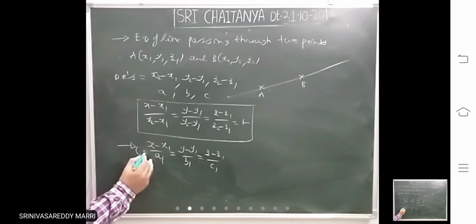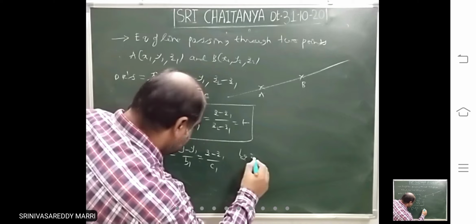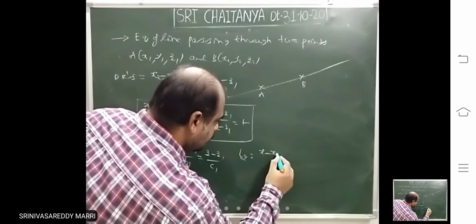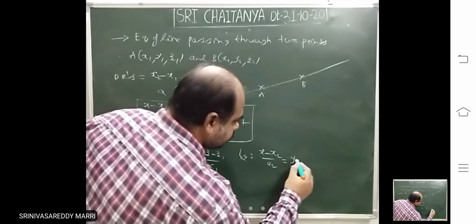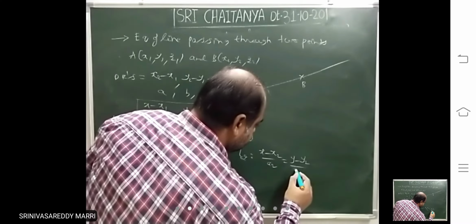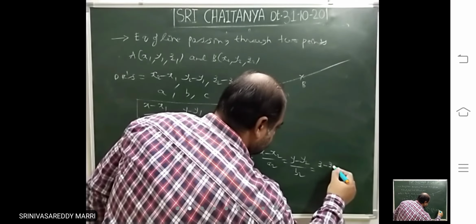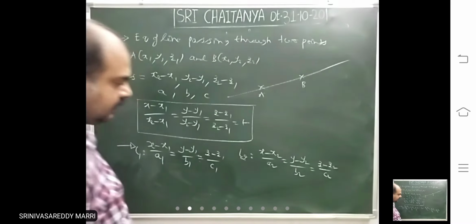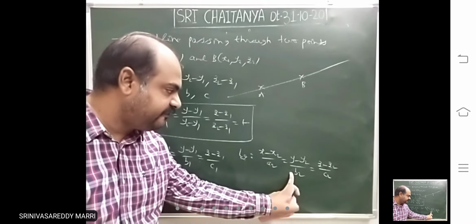This is line 1, L1. And this is line 2, L2. So this is the line in standard form.